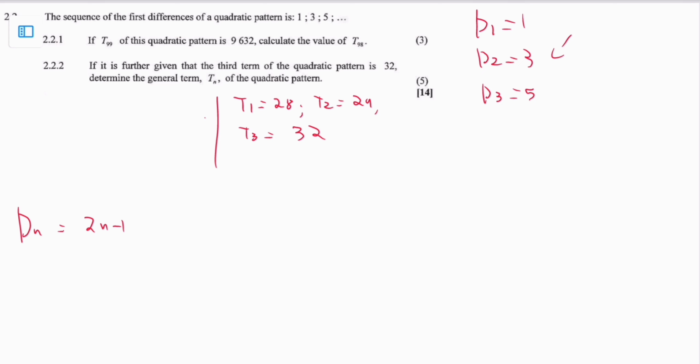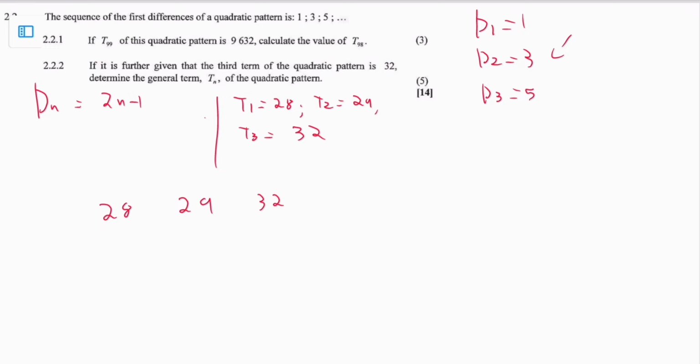So now let's go on and ask ourselves, how do we determine the general term of the quadratic pattern? What you're going to do is write out the quadratic sequence: 28, 29, 32.